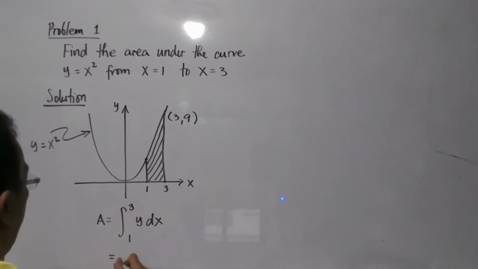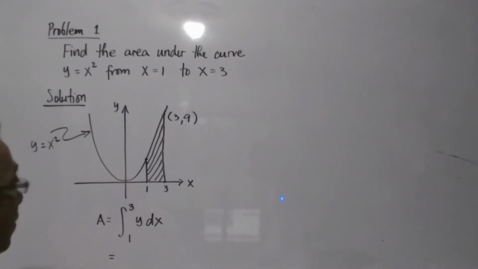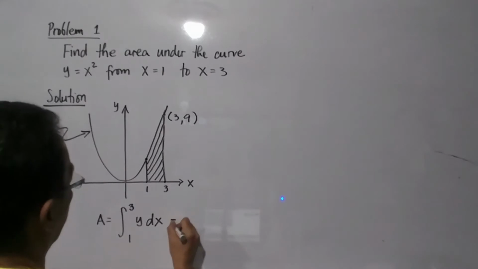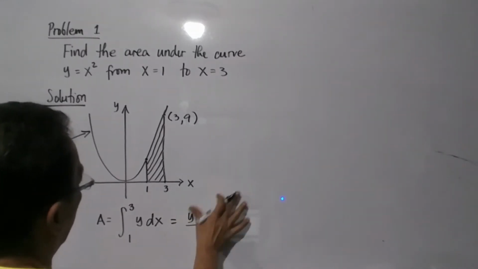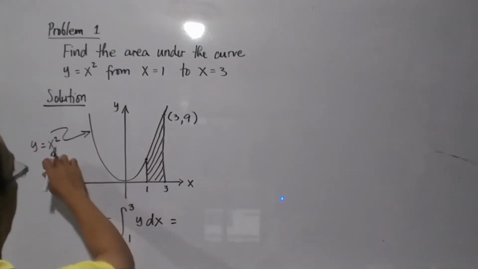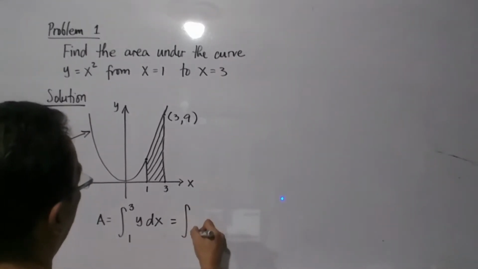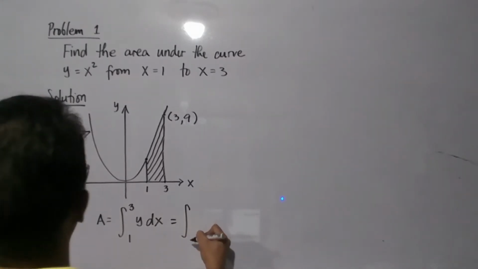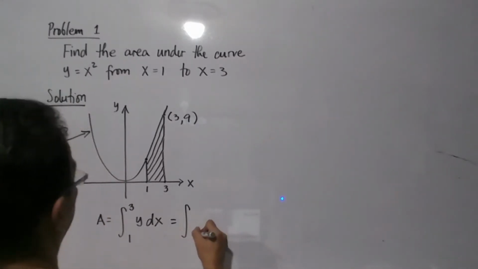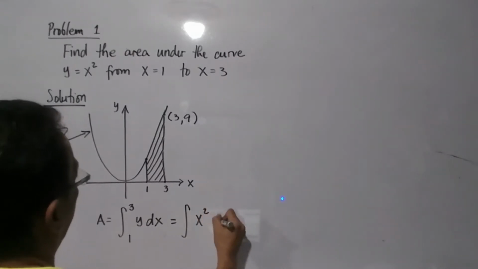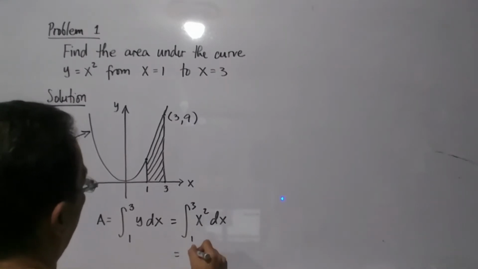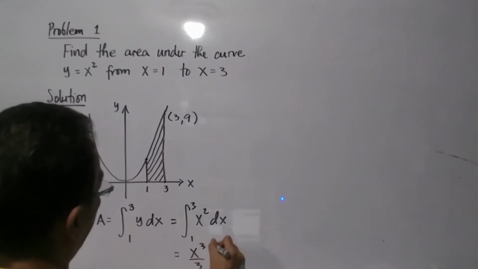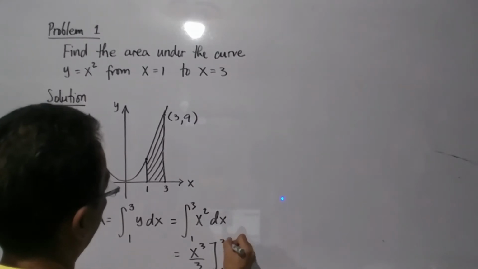So we have now y square over 2. Substitute the value of y. So we have the integral of x squared dx from 1 to 3. Or we have now x cubed over 3 from 1 to 3.